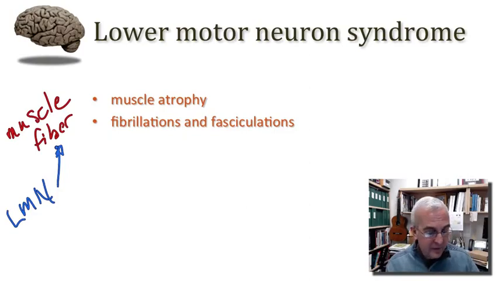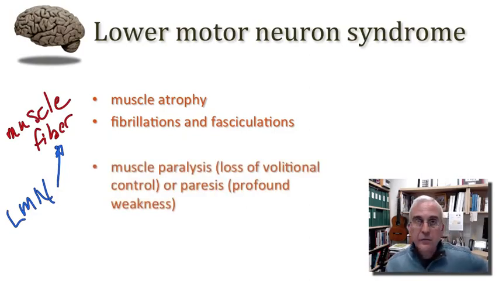And these kinds of signs and symptoms are reflective of the loss of the control of voluntary movement. So there can be muscle paralysis, implying a nearly complete loss of volitional control. Or if the loss of control is less than complete, there still may be profound weakness, and we call this paresis.